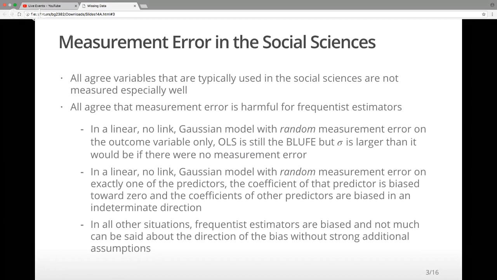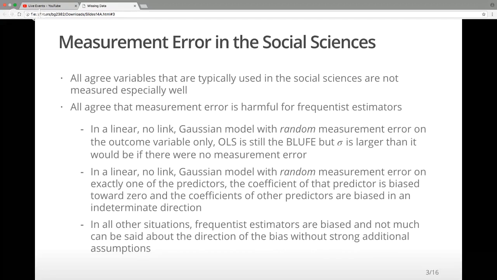The coefficients of all the other predictors that don't have measurement error are also going to be biased due to the presence of measurement error in the first predictor. But the way in which they're biased, it's not obvious what direction that is going to be or how large the magnitude is. But this, the second one, is considered one of the better cases, even though it's still bad.